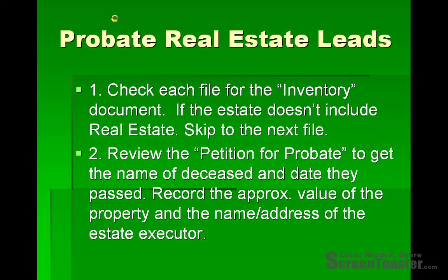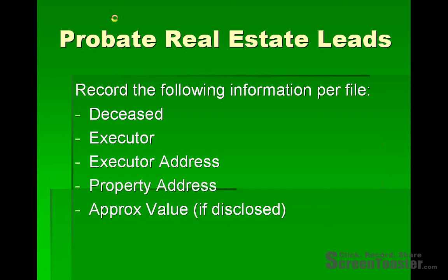You want to take the executor's name and their address, as well as the property information, the property address. So once again, you want to take down who is now deceased, the executor of the actual estate, the executor's address, the property address that's left behind, included in the probate, and the approximate value. If that's disclosed, it's typically going to be on the inventory sheet.